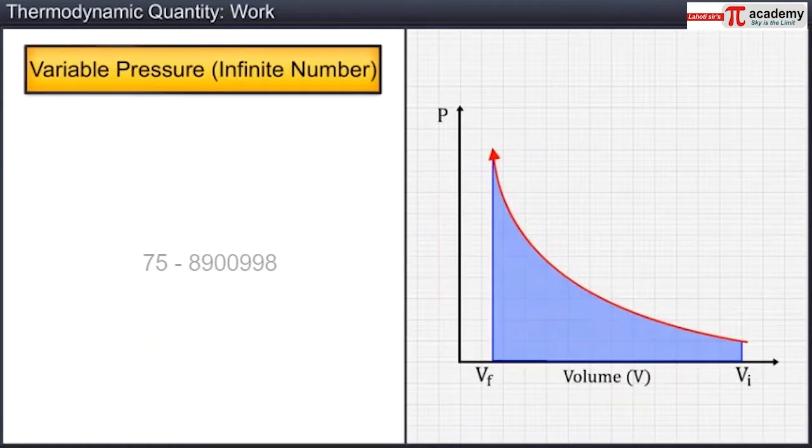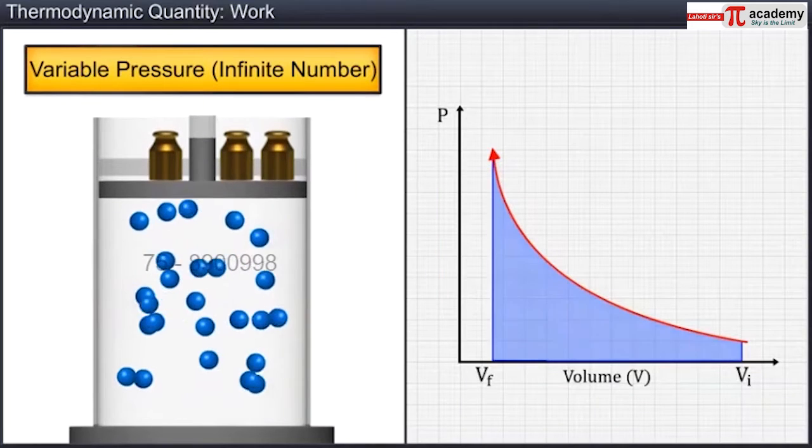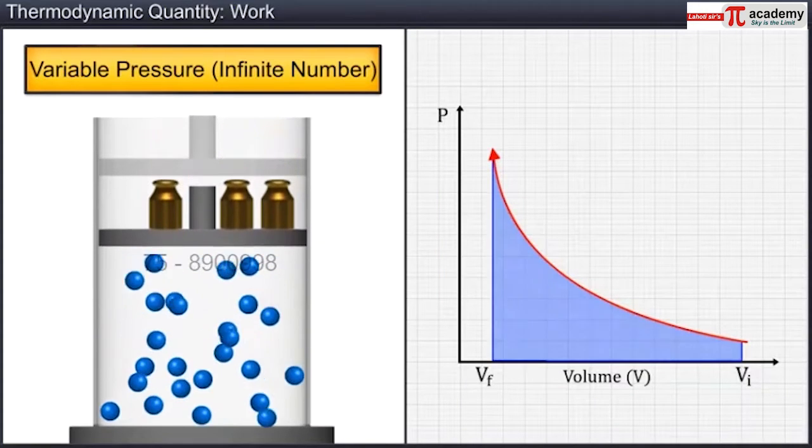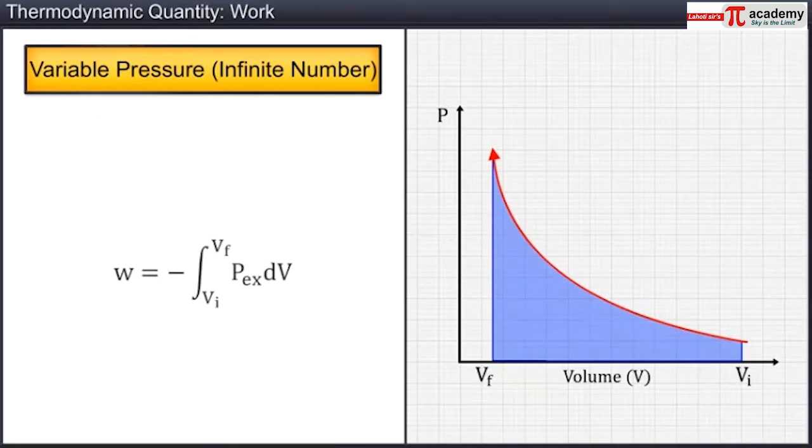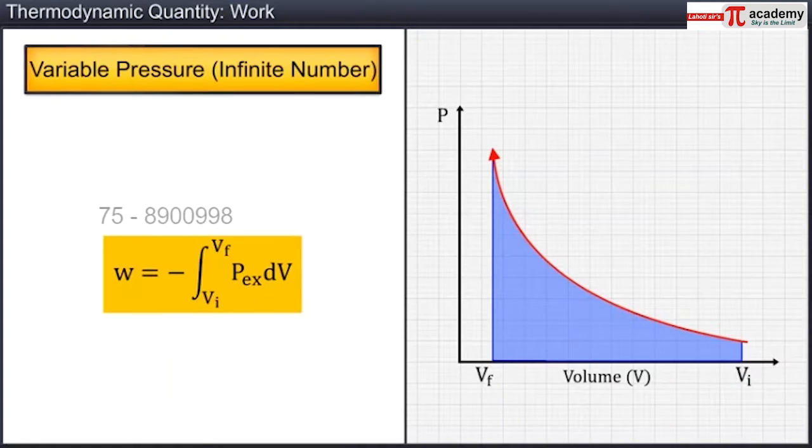However, if the pressure is not constant and varies such that it is always infinitesimally greater than the pressure of the gas at each stage of compression, the volume decreases by an infinitesimal amount dV. Then, work is equal to minus the integral of external pressure Pex multiplied by infinitesimal change in volume dV.